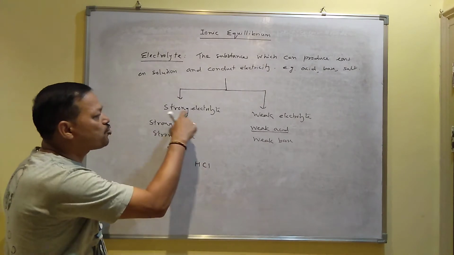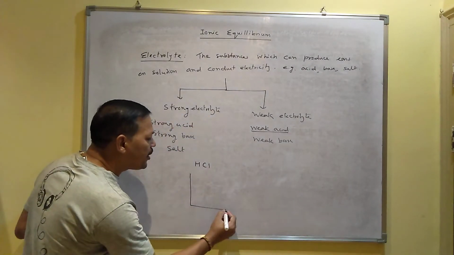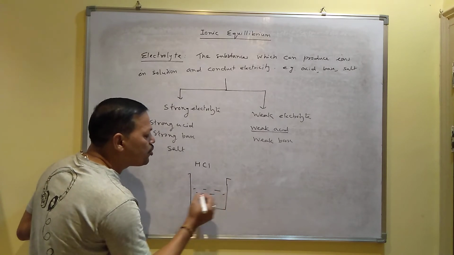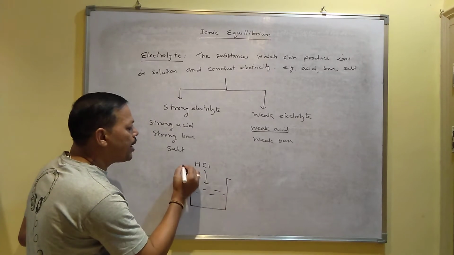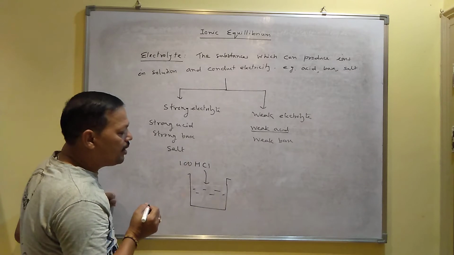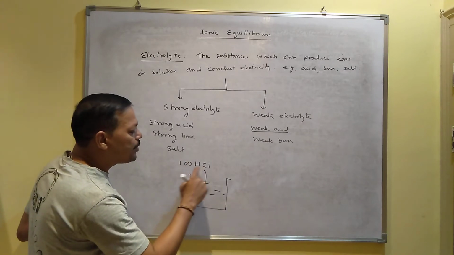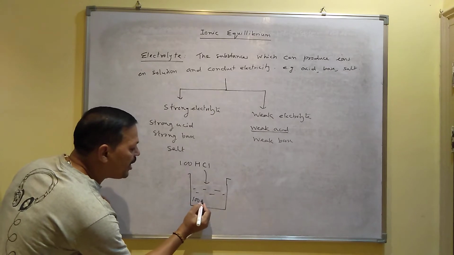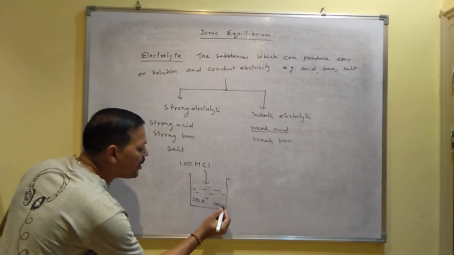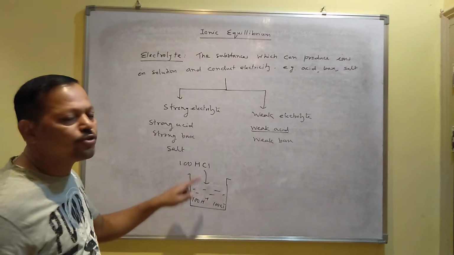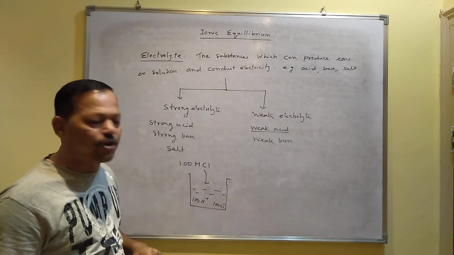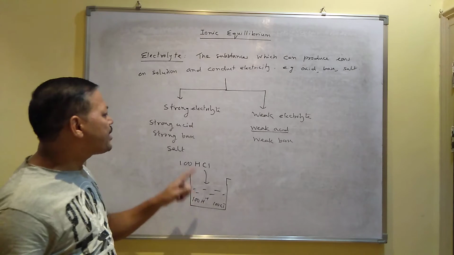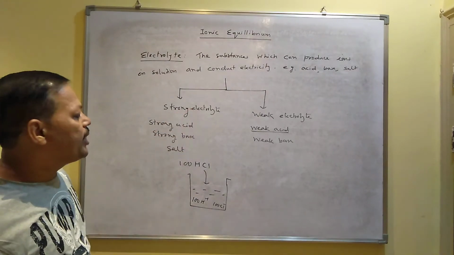If you dissolve 100 molecules of HCl in water, and all 100 molecules break to produce 100 H plus ions and 100 Cl minus ions, then this type of electrolyte is said to be a strong electrolyte. I mean, the electrolyte which ionizes completely is called a strong electrolyte.